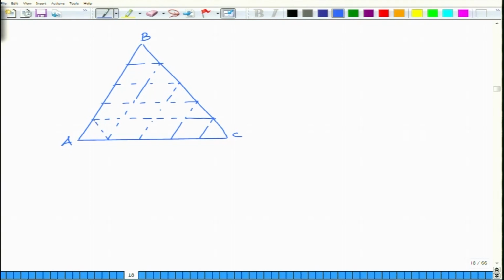Similarly, now you can connect these lines. So these are basically small triangles that you have drawn in between.